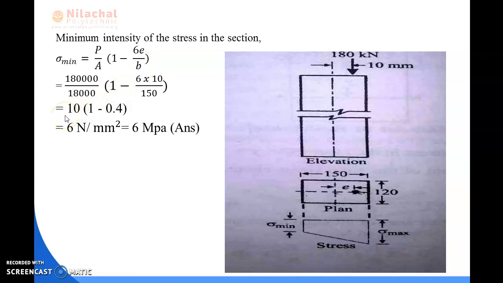Hence the value of sigma minimum is equal to 6 Newton per mm square, which is equal to 6 MPa. And now we have to draw the stress distribution in the column.